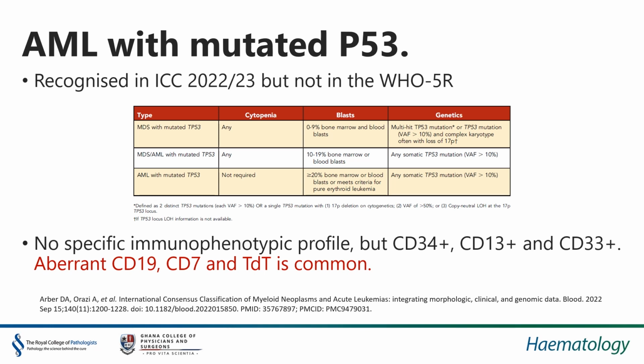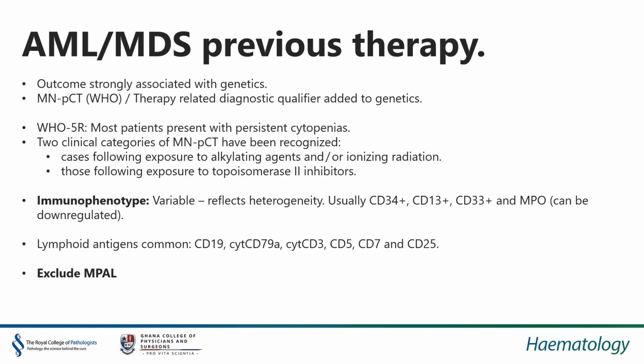Now, the WHO 5th edition that's been published in Leukemia refers to myeloid neoplasms post-cytotoxic therapy, and that includes myelodysplastic neoplasms. So if we look at AML and MDS where there has been previous related therapy, this could be exposure to alkylating agents or ionizing radiation, or those following exposure to topoisomerase II inhibitors. Now, the immunophenotype for these patients, the flow cytometry, is quite variable, and this really reflects the heterogeneity of these patients.